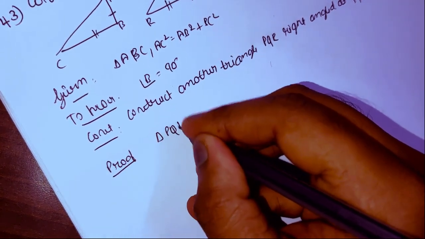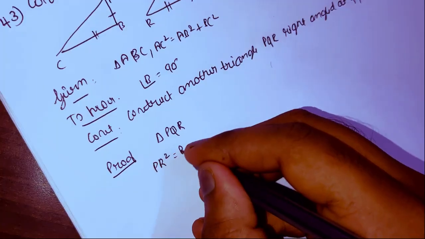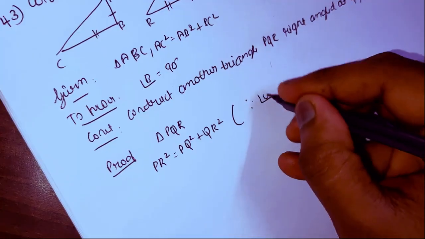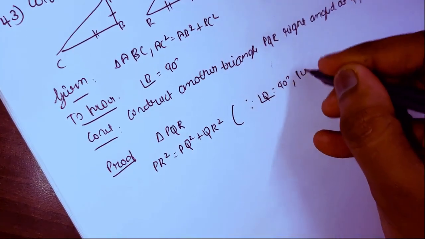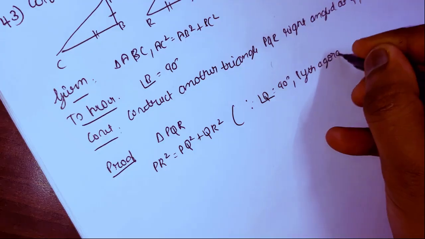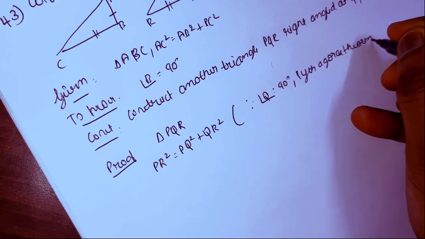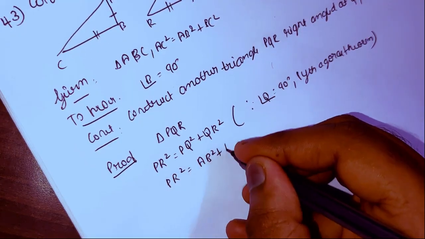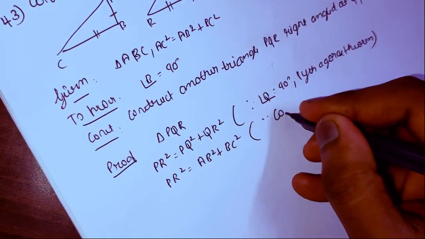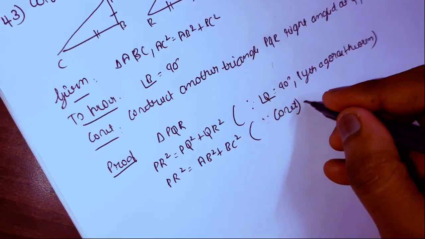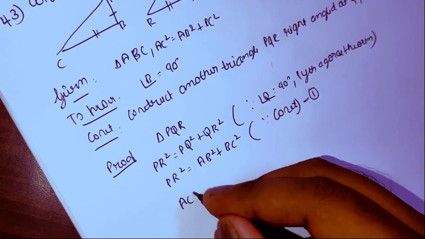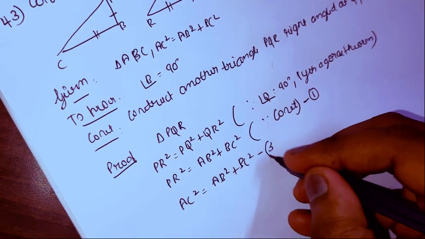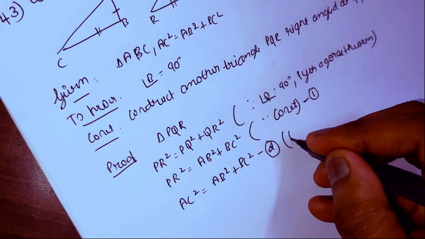In triangle PQR, PR square is equal to PQ square plus QR square. This is because angle Q is equal to 90 degree, by Pythagoras theorem. PR square is equal to AB square plus BC square. This is by construction what you have done. Consider this as first equation. AC square is equal to AB square plus BC square. This is by given data. Consider this as second equation.